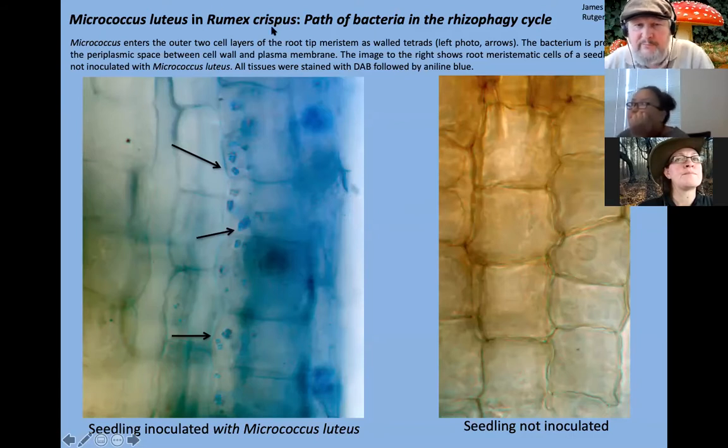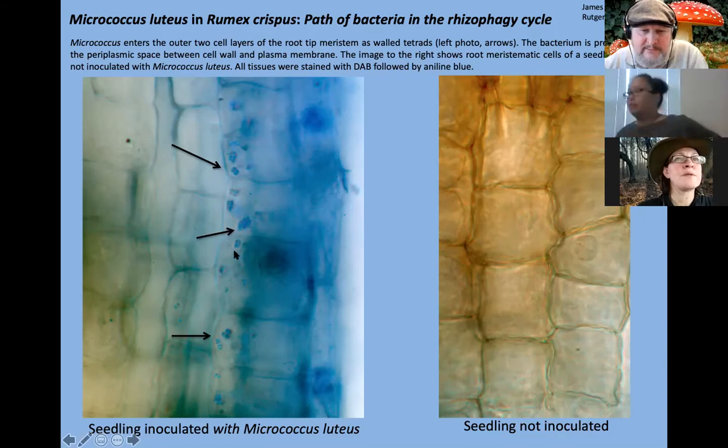It's on farms and everywhere on the roadsides, but we use it experimentally because we can play with it, clean it of microbes, and put microbes on it. So what we did here is we put our Micrococcus on it, and the picture to the left shows right around that microbial entry zone behind the meristem. And you can see the arrows are indicating those little tetrads, the bacteria inside the cells.